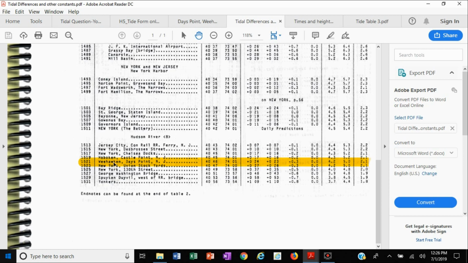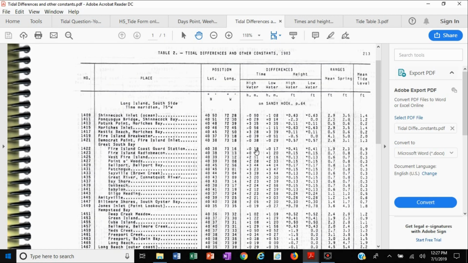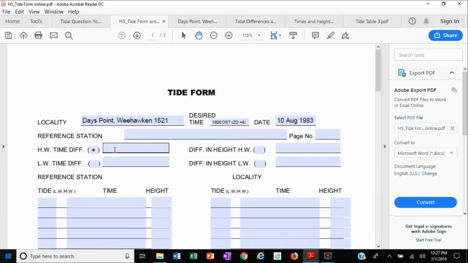At Weehawken, Days Point, New Jersey, on your high water time, you have plus 0 hours and 24 minutes. And on low water, you have 0 hours and 23 minutes. We need to plug those two things in.